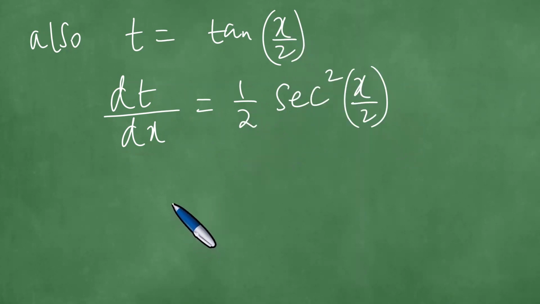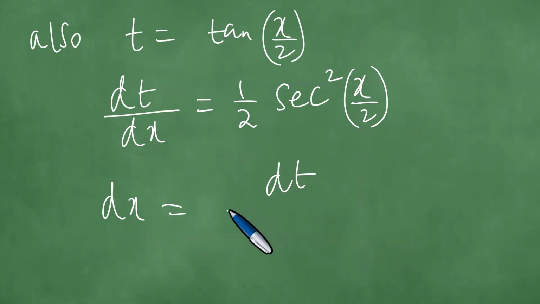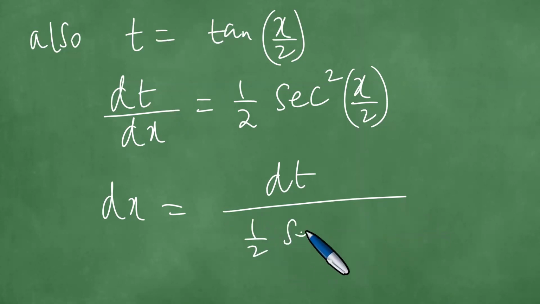Now we want to make dx the subject of this equation. So dx is the same as dt divided by 1/2 the secant squared of x over 2, like this.